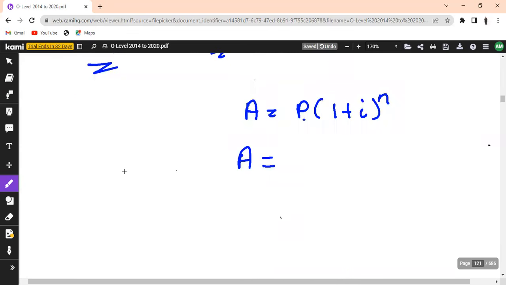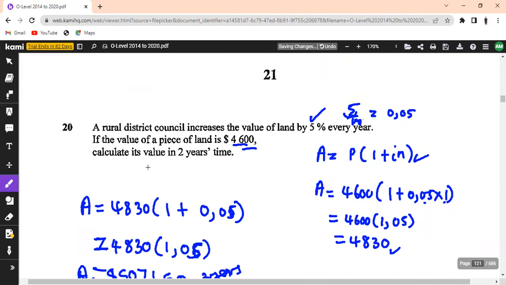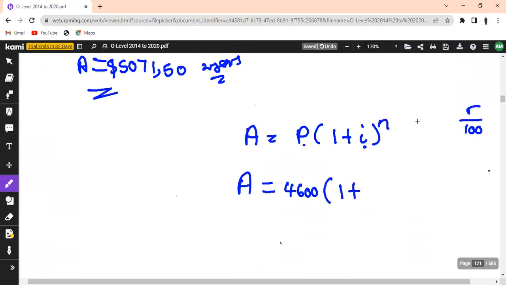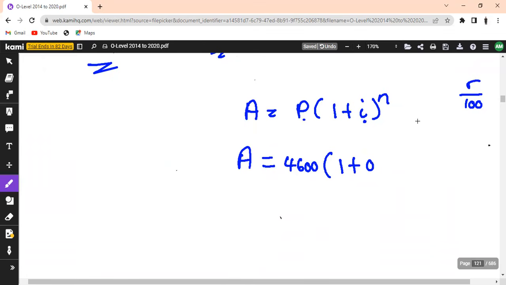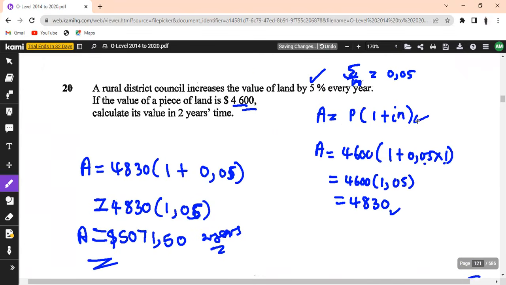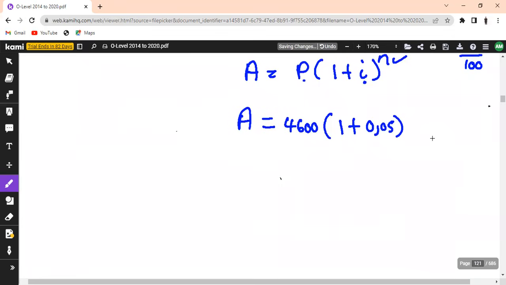So you're going to have 4,600 into 1 plus the interest rate, which can be written as R over 100. It's still one and the same thing, because you are still going to divide by 100, and when you divide it by 100, we obtain 0.05. Where n now is the number of years, which is the 2 years, so it's going to be to the exponent of 2.